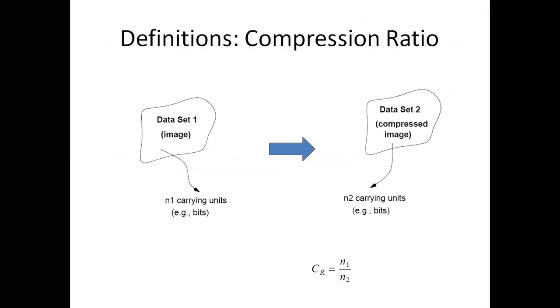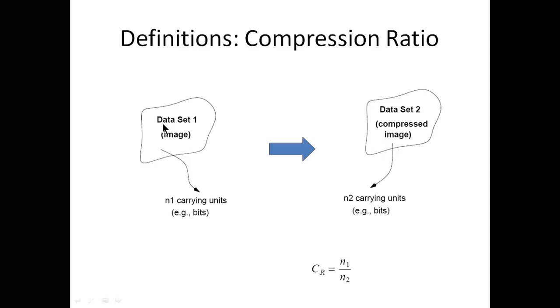Okay, so here I want to define one ratio, that is the compression ratio. For example, data set 1 is one image, the original image. You can also call it the input image for the compressing process.